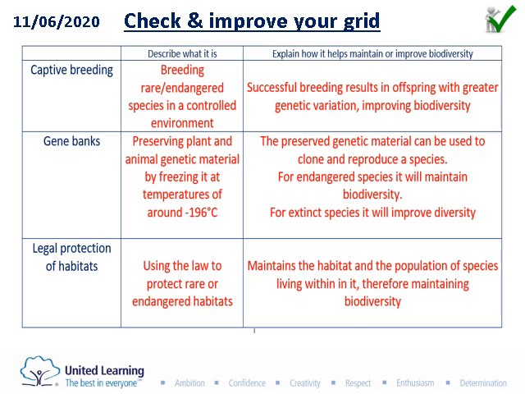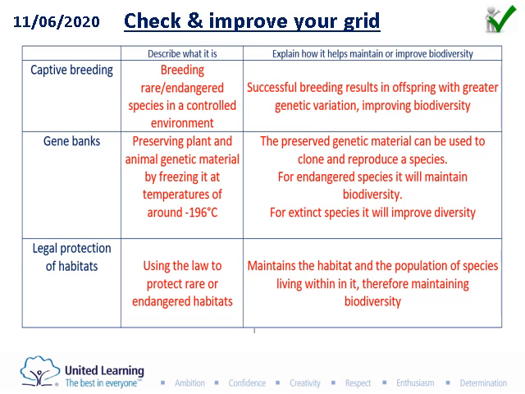Gene banks is just preservation of genetic material, so you freeze it, so it keeps it for years and years. And that can be used for cloning endangered species. If you reproduce more of an endangered species or you reintroduce an extinct species, that's going to increase diversity because you're adding another species to an ecosystem. Legal protection of habitats, like I said, it's quite straightforward.